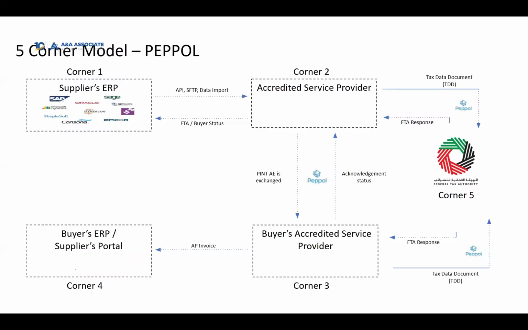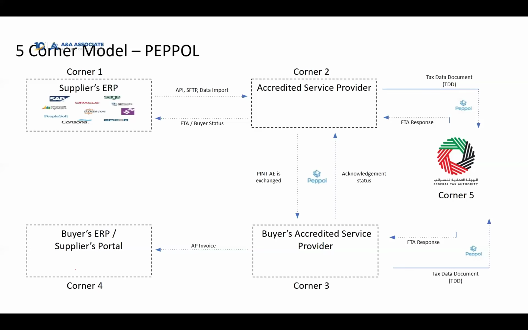Now, before transmitting the invoice, the supplier's ASP can verify the details of the customer via the Open Peppol's directory facility, wherein if we enter the customer's ID, we will get all the details of the customer. Once the ASP of the buyer receives the invoice, their duty again is to validate the information.